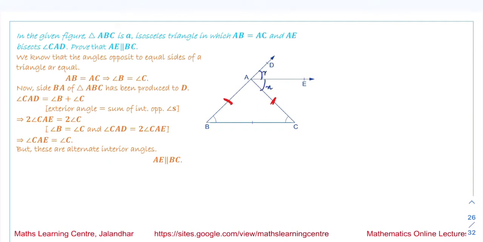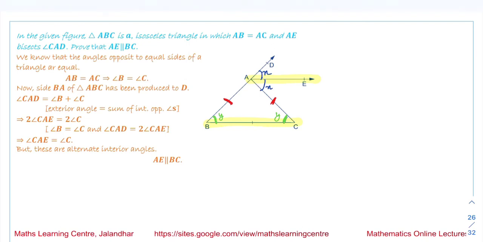If this angle is X, then this angle is also X. Now we have to prove that AE is parallel to BC. If the sides AB and AC are equal, it means that these two angles are also equal. So if this angle is Y, then this angle is also Y.